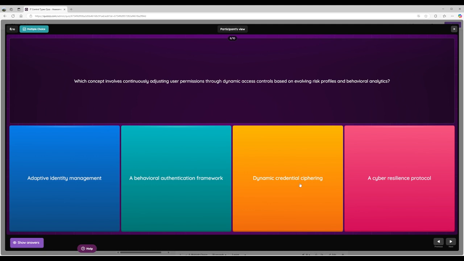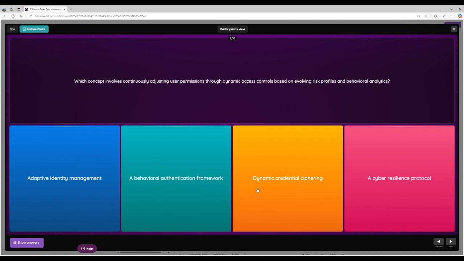So these are the options we have: a cyber resilience protocol, dynamic credential ciphering, a behavioral authentication framework, adaptive identity management. What can we knock out? We can knock out a cyber resilience protocol. I don't know how that will help us in adjusting user permission.